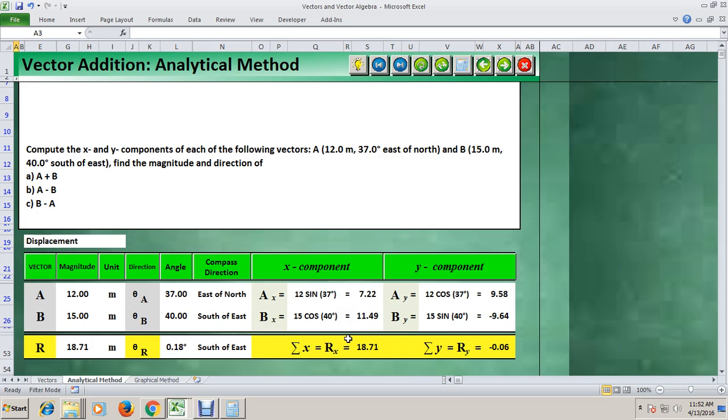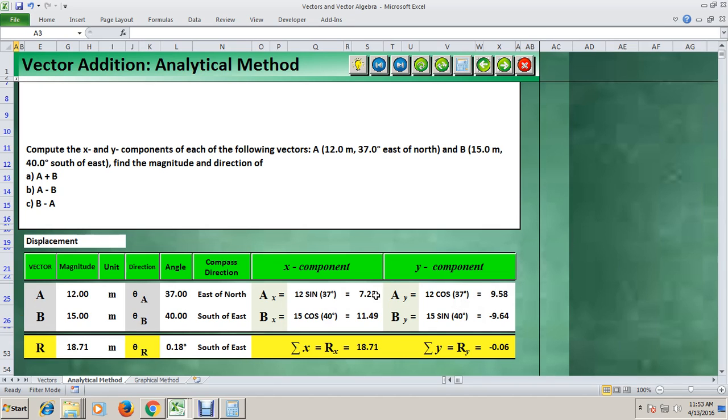So remember in our previous examples, whenever we employ the computation of the components in X using cosine, the angle is measured from X. Now this time, our vector A, 37 degrees, is measured from the y-axis. Therefore, we will be employing the sine function to compute for the x component. So you have sine 37, you multiply that with 12, you are expected to get 7.22.